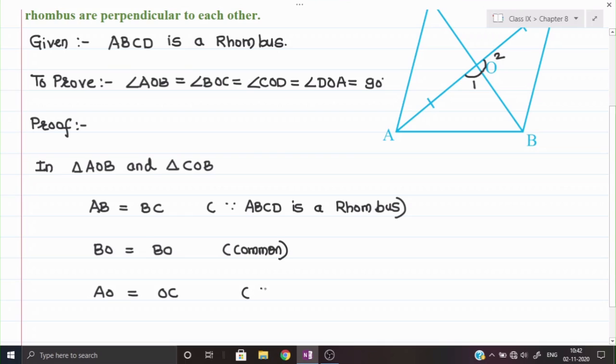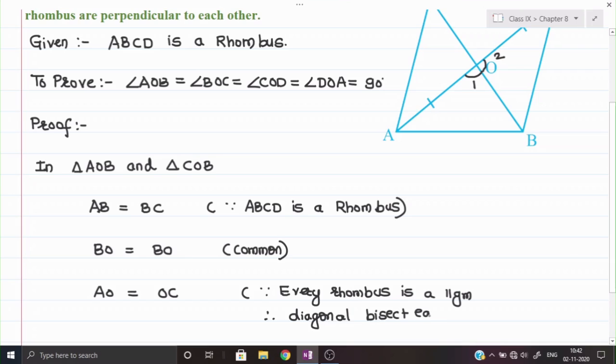That we can say since every rhombus is a parallelogram. Therefore, diagonals bisect each other.